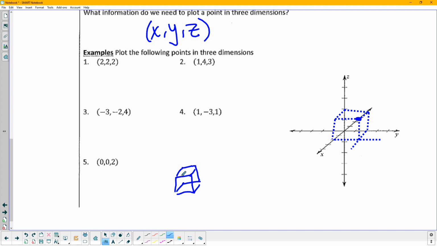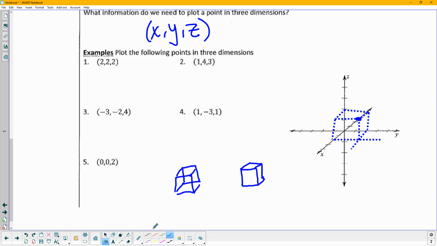And it's not exactly the easiest thing to do, especially if you start talking about, well, I want to do more of a perspective drawing as to what pieces of the cube can I actually see, and that changes it even more. Like for me, this is what I can see out of my cube, and that's kind of what I've drawn here, going for more of the perspective drawing.